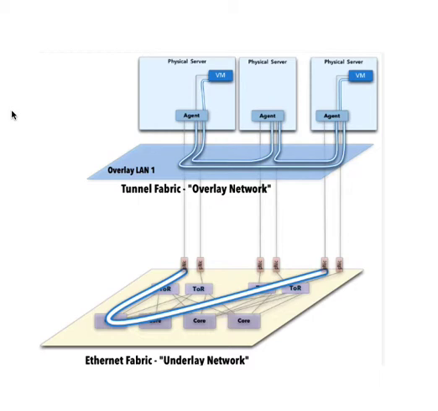Nicira, who was picked up by VMware in an acquisition, pretty much has set the trend for the industry, which is to set up tunnels over the native network. So you've got your core routers and switches, and your edge or leaf top of rack switches. Those all run whatever protocols you want them to.